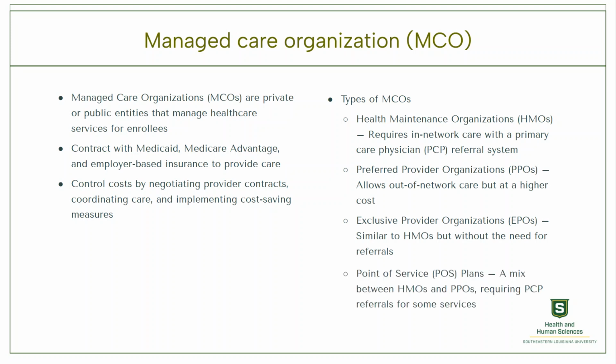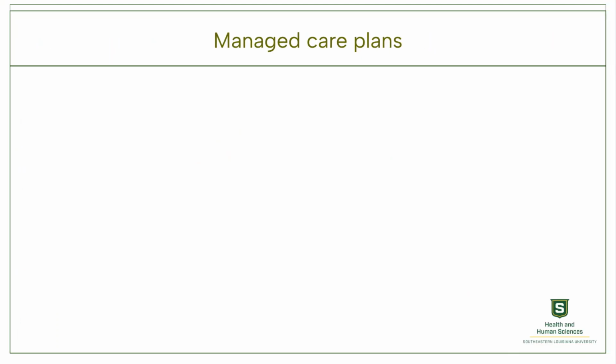And then you have the point of service plan, which is a mixture of PPOs and HMOs. The difference is that you need primary care physicians to refer you to some services, not all. So, like I said, the types of managed care organizations correspond to the managed care plans.